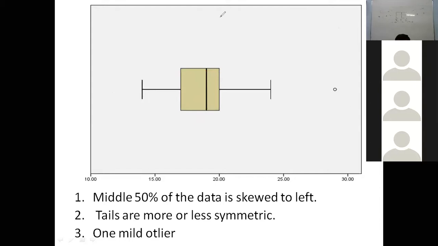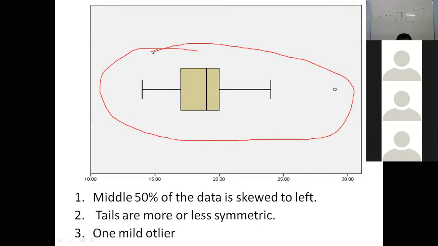Is it a box plot or a box and whisker plot? If you draw only this, nothing else, that is a box plot. This is a box and whisker plot, right? So now we can describe our information using the box and whisker plot.